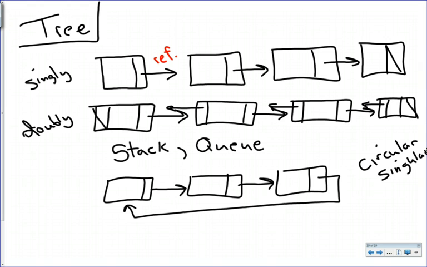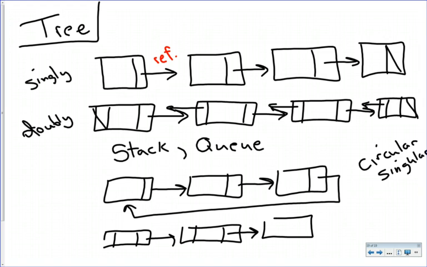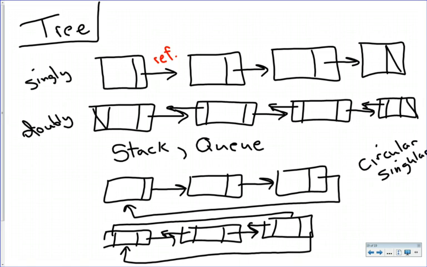And although we didn't program one, in theory, we could have also programmed one that's doubly linked, and the end node goes back to the beginning node, and the beginning node goes to the end node. And this is also a circular list, but it's a circular doubly linked list.